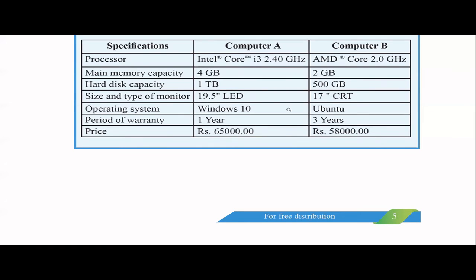The operating system is Windows 10, a proprietary operating system where you have to pay for the license, but this is just an open source one. The warranty is lesser in computer A, but all other specifications are higher. That is why the price of computer A is high.